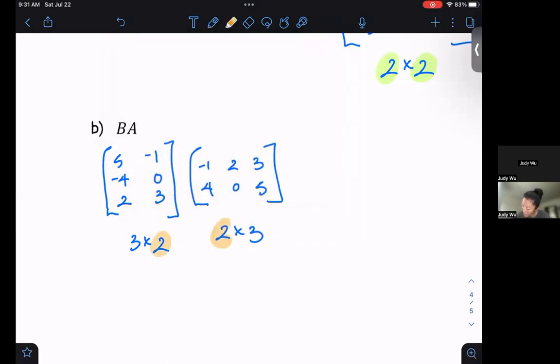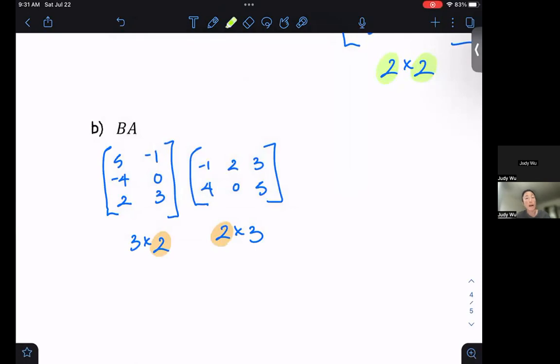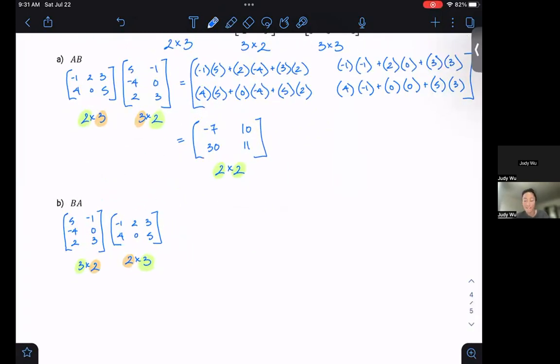Now I see that the inner dimensions match. That means I can proceed. But how large is my answer going to be? It's going to be a 3 by 3. So I almost already have my answer.